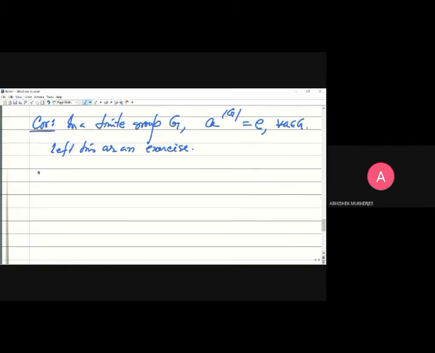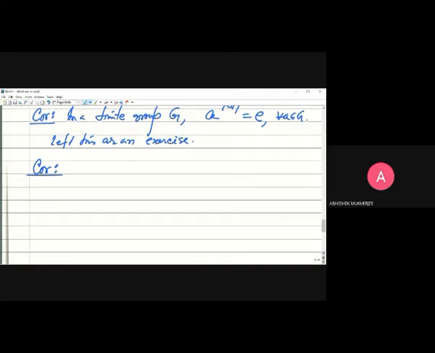Okay, another important corollary is concerned with the cyclic groups of prime order. It is concerned with the group of order prime. Suppose you have a group G of order 7, then you will see that this group must be a cyclic group.